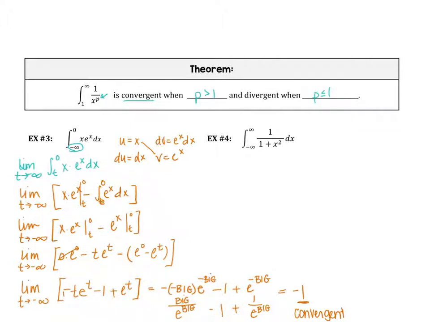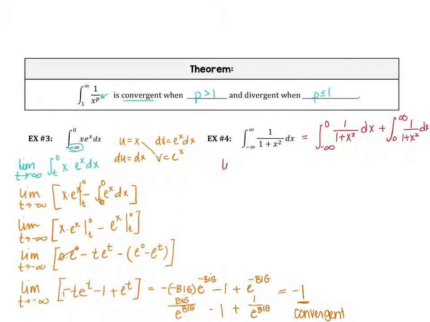So let's see, I need to separate this to be the integral from negative infinity up to 0, 1 over 1 plus x squared dx. dx, not dt, goodness. Plus the integral from 0 to infinity of 1 over 1 plus x squared dx. All right, so now we've got to look at doing some funky substitutions here. And a and b, sure, it looks good to me.